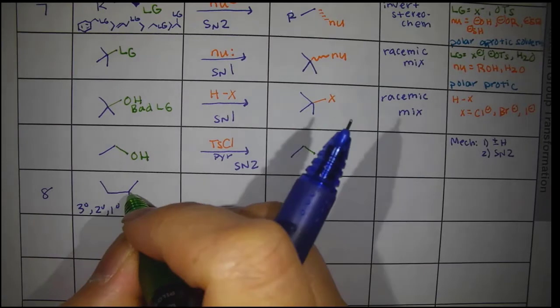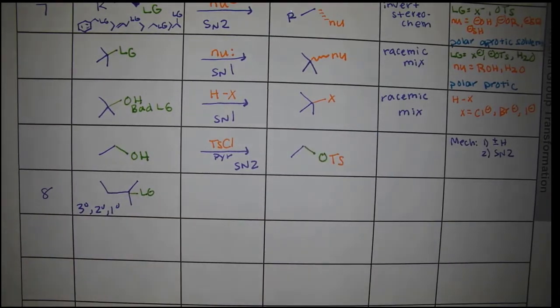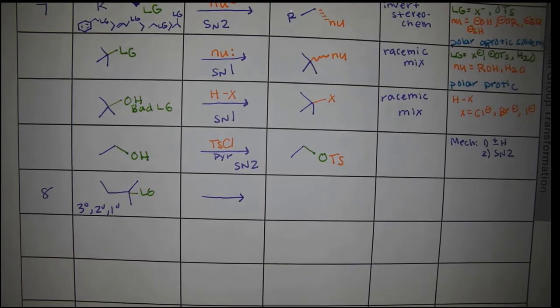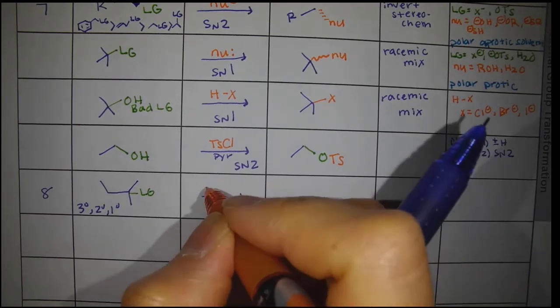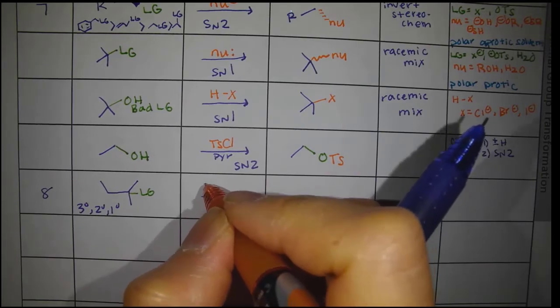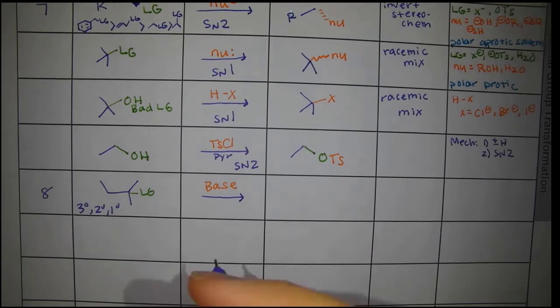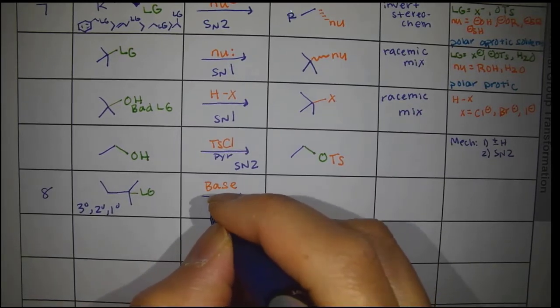But there needs to be a leaving group there, which can be the halogen, or it can be a tosyl group, something that's a good leaving group. And then we use a base. This will do an E2 reaction.